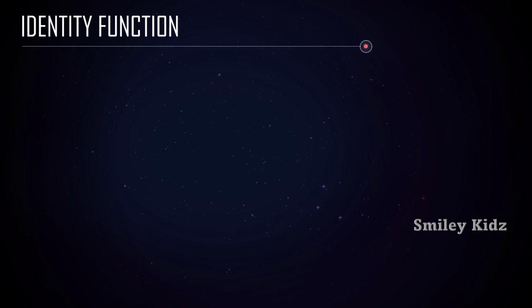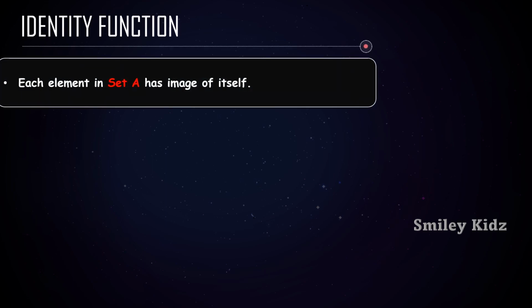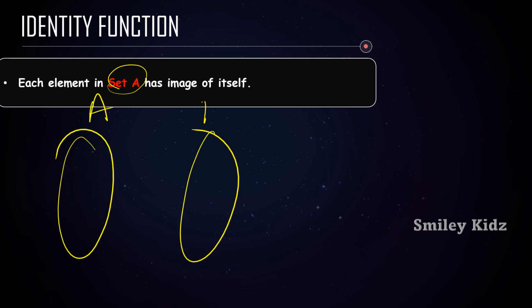The last topic for today, that is identity function. Here in layman terms, I can say that each element in set A has image of itself. Now, what do I mean over here? Let's suppose I have two sets A, B. I have 1, 2, 3. I have 1, 3, 2.